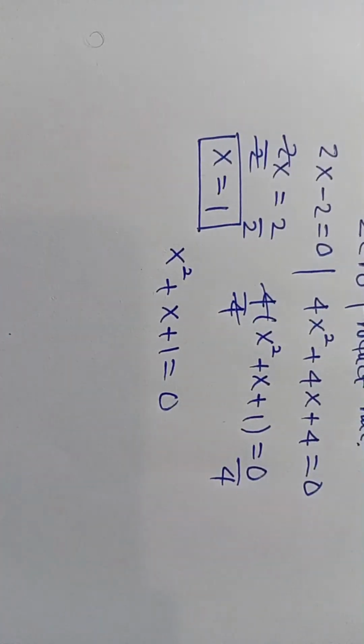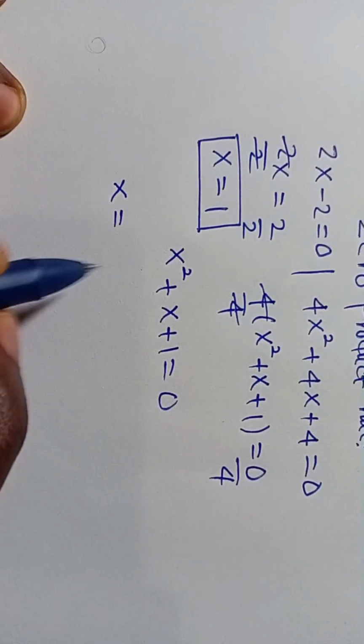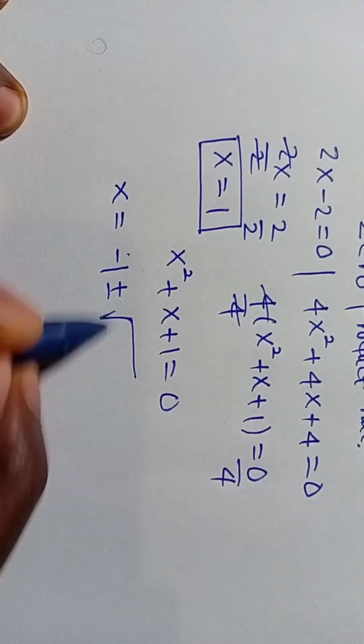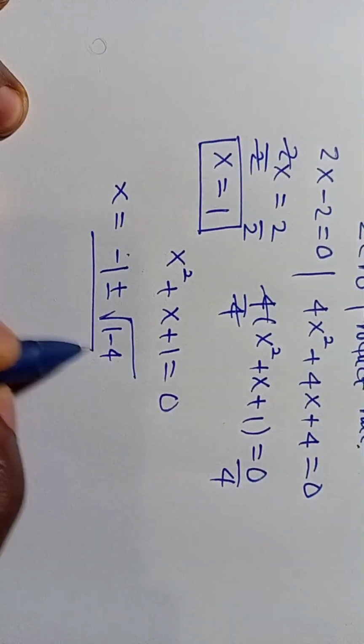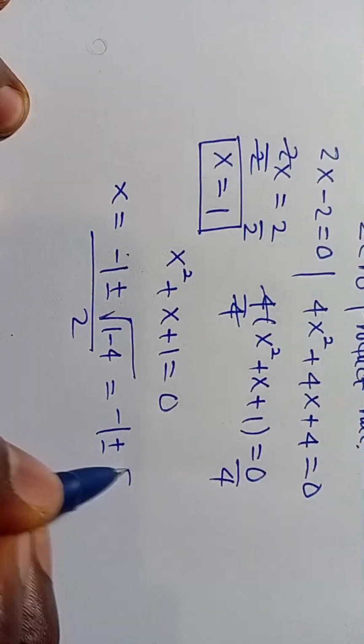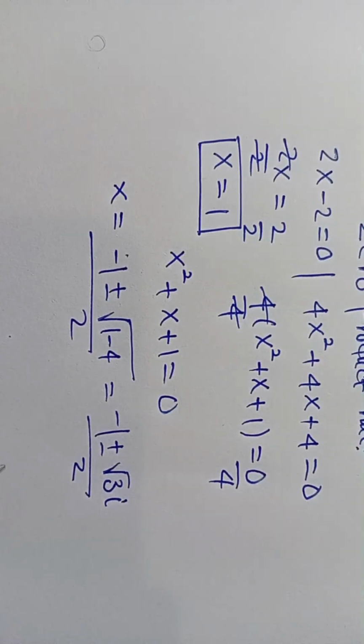And so from here we have x equals minus 1 positive or negative root of 1 minus 4 over 2, minus 1 positive or negative root of 3 i over 2. So we also have the solution to this as well to be this.